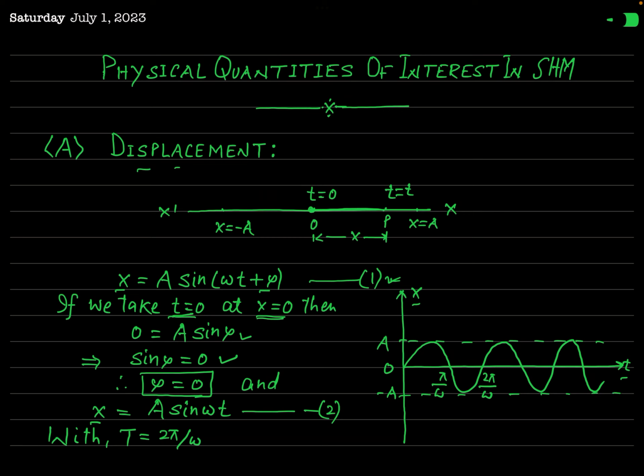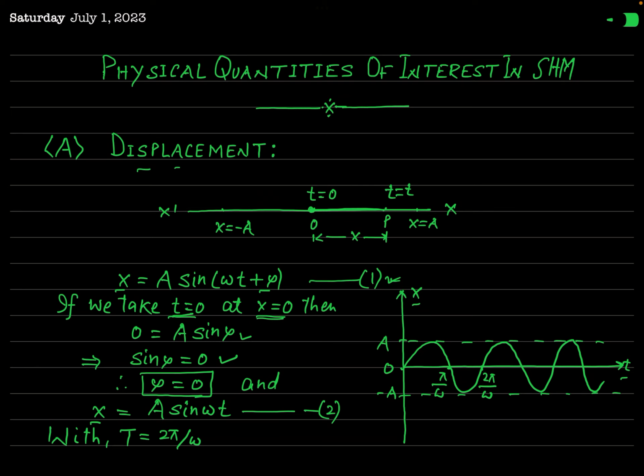So you can see at t equal to 0, the displacement is 0. Again at time t equal to pi by omega, it is 0. And again it is 0 at 2 pi by omega. At time 2 pi by omega, one oscillation is completed.